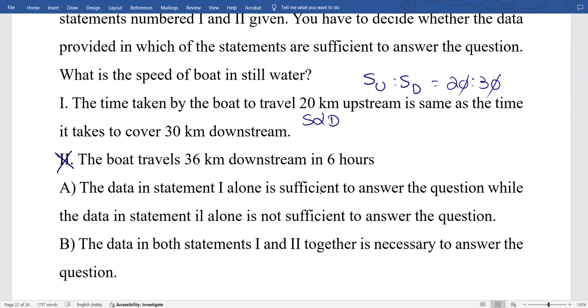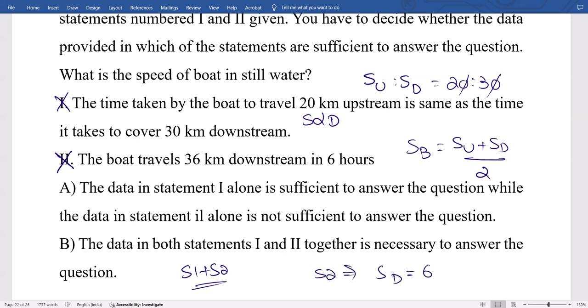But fine, what is the speed of downstream? We don't know. Then if you know both, speed of boat is speed of upstream plus speed of downstream divided by 2. If you know downstream, then upstream can be obtained. So one alone not possible, two alone not possible, but put together both statements together. Statement 2 gives the idea speed of downstream is 6 kilometer per hour. When downstream is 6, upstream will be 4. Then adding those and dividing by 2, 5 kilometer per hour is nothing but speed of boat. You have both statements put together is sufficient to answer, not alone.